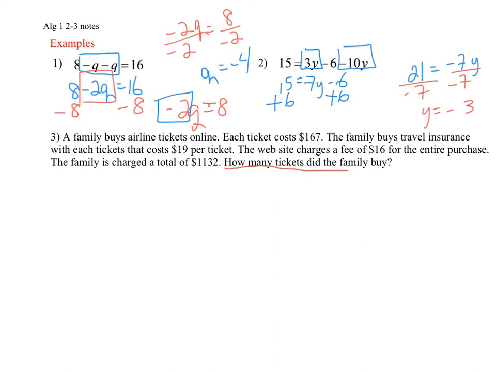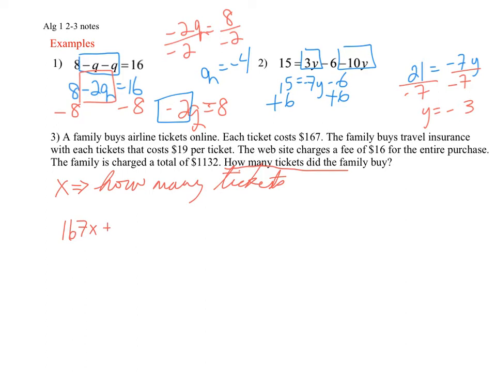We're going to use x as our variable. It's going to mean how many tickets. In this setup, we've got $167 per ticket, so $167 times x, the number of tickets.